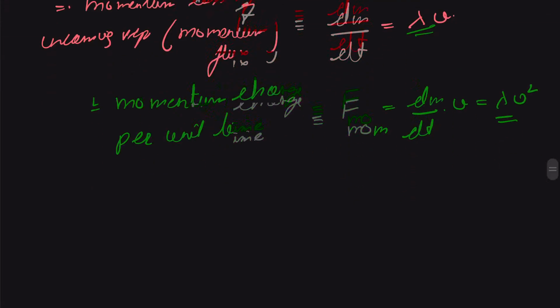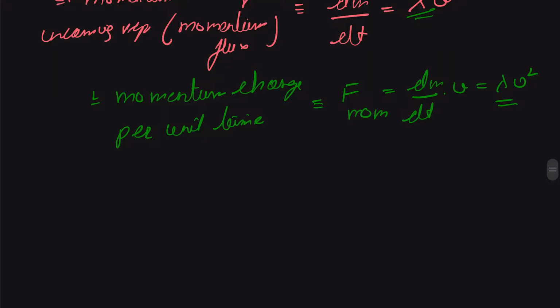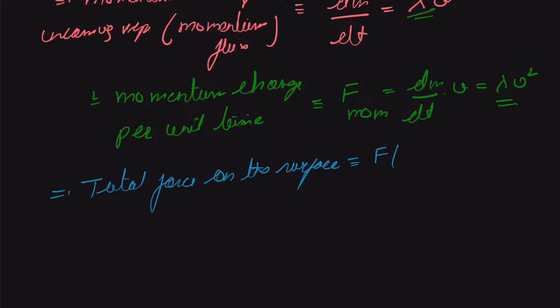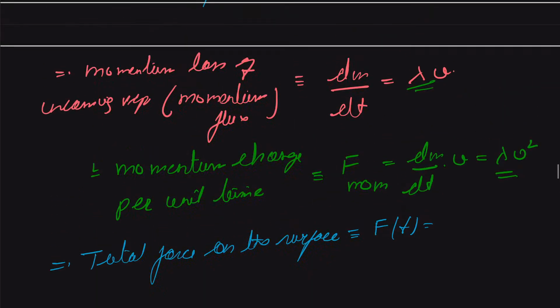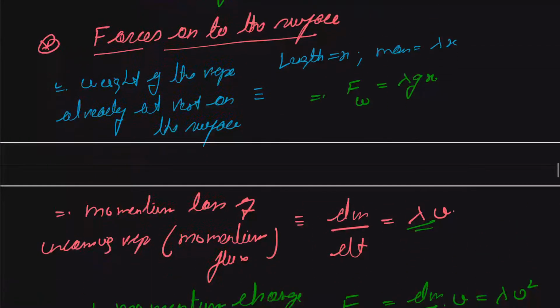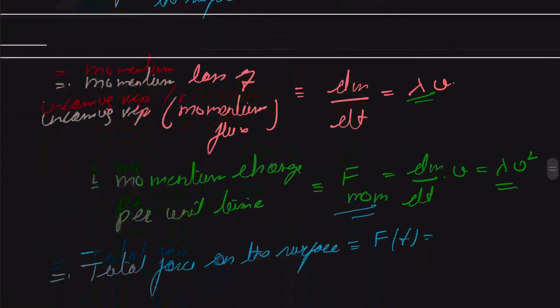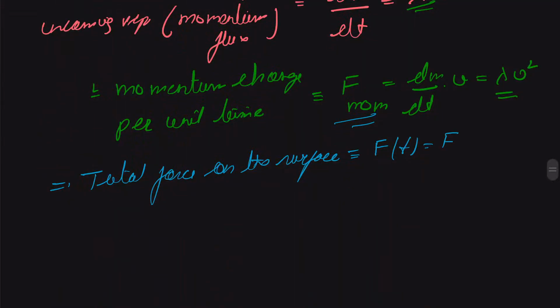So the total force on the surface, suppose that is our F of t, will be equal to the force because of the momentum and force because of the weight. So you can say F_w plus F_momentum.